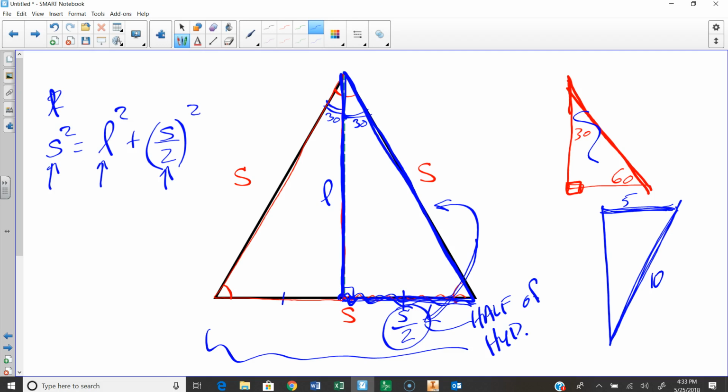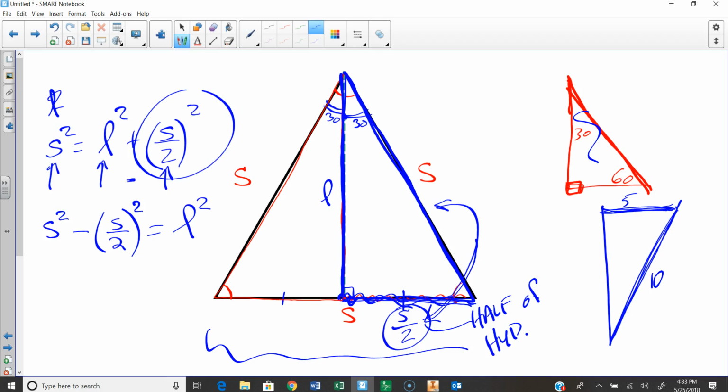And we're solving this for L. So I would have S squared minus S over 2 squared equals L squared. See what I did? I subtracted this from both sides, and that's how it disappeared over here and showed up on the left as a negative.